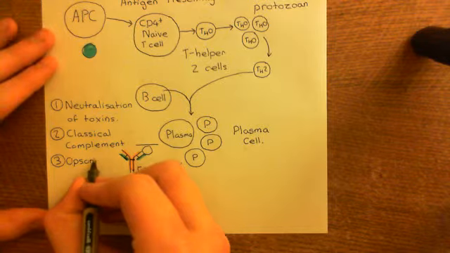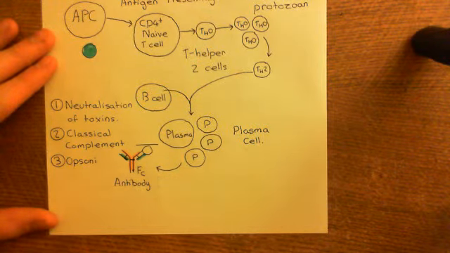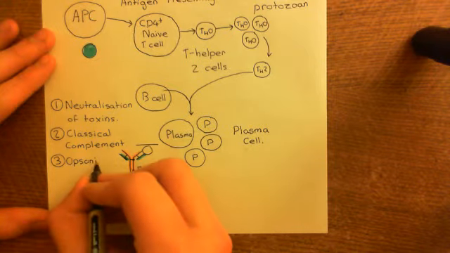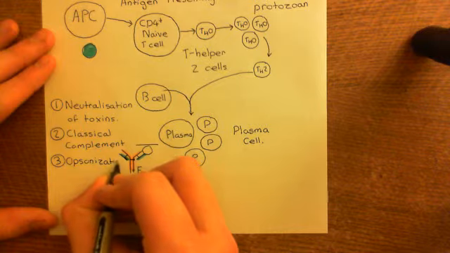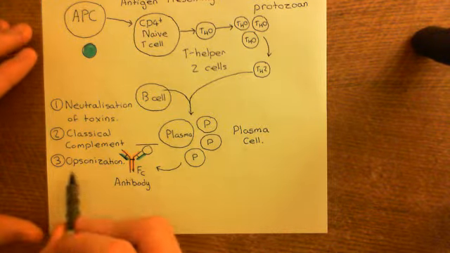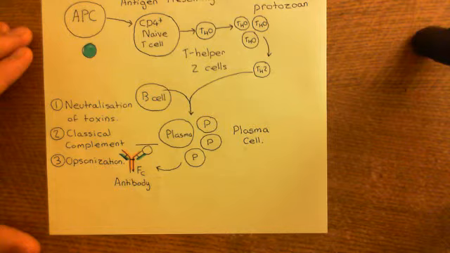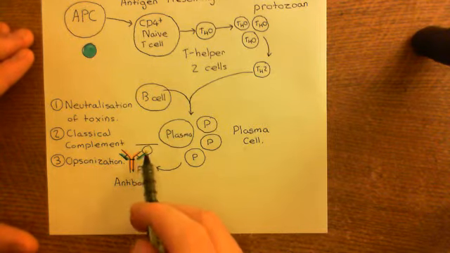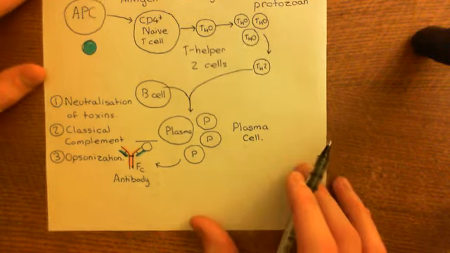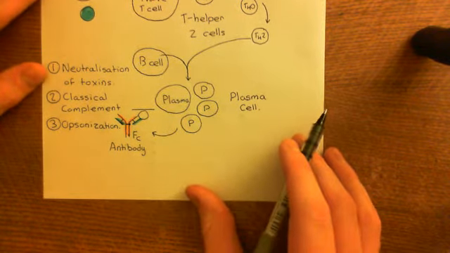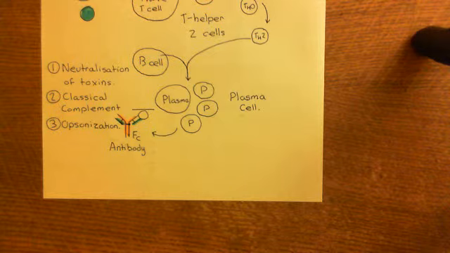Okay, so having these antibodies attached to the surface of the microbe will increase the probability that it's going to be phagocytosed, and this increase in the probability that it will be phagocytosed is known as opsonization. So the antibody-antigen complex on the surface of the microbe is going to increase the chance that the microbe will be phagocytosed.